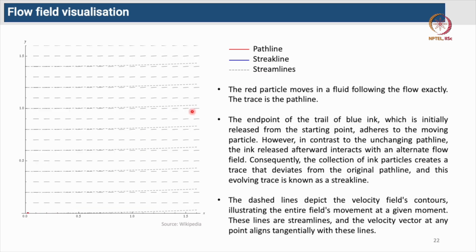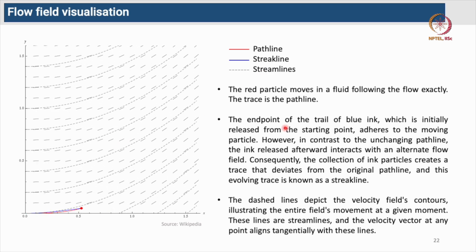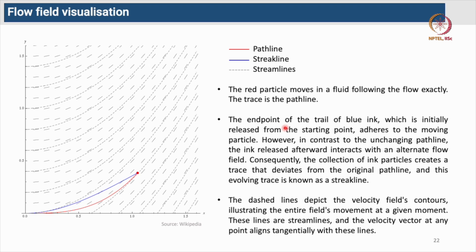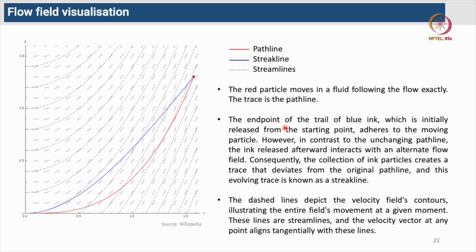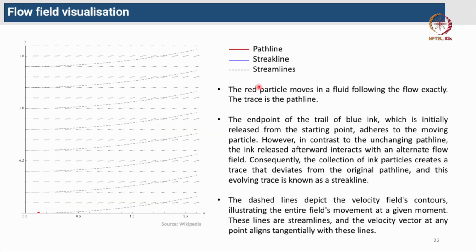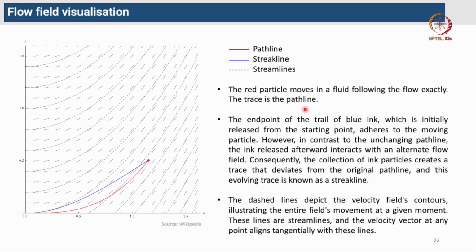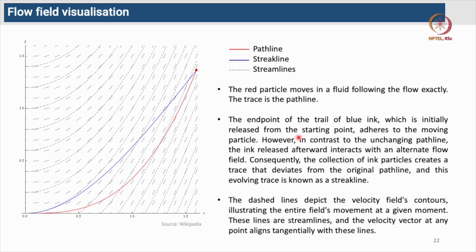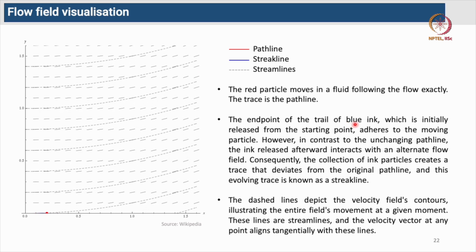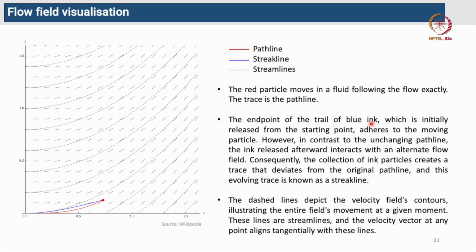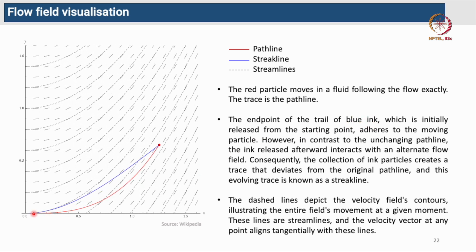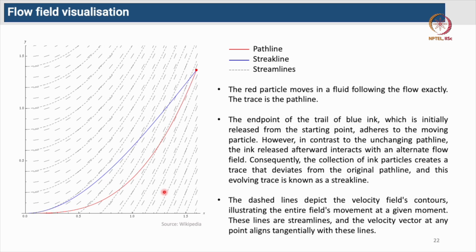Streamlines are obviously those dotted lines, and the red and the blue are the path lines and streak lines respectively. So you can see the red particle moves in a fluid following the flow exactly. The trace is actually a path line. The end point of the trail of the blue path, which is initially released from the starting point, adheres to the moving particle.